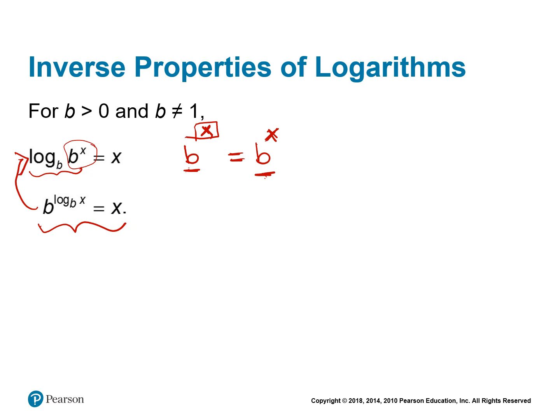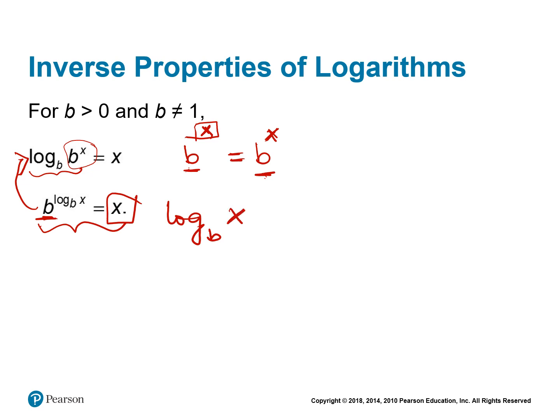So let's follow the process to convert an exponent to a logarithm. Start with the word log. All right, and the base is a b, so I'm going to put that as a subscript of log, and then this expression x is going to be put here.